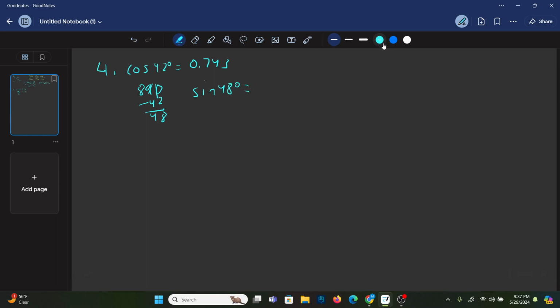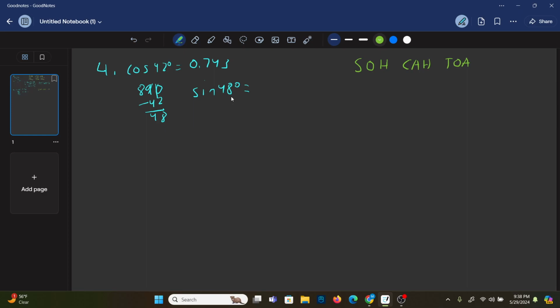And if we recall the acronym SOHCAHTOA, we know for sine it would be opposite over hypotenuse. But we already know the angle, so we don't need to do any solving.